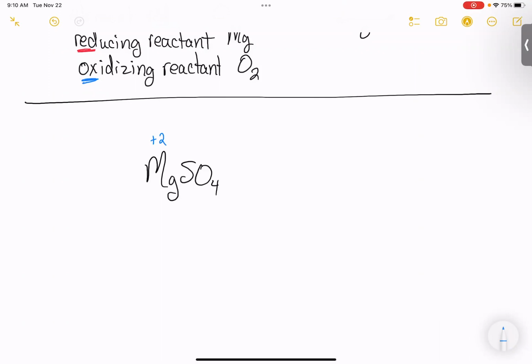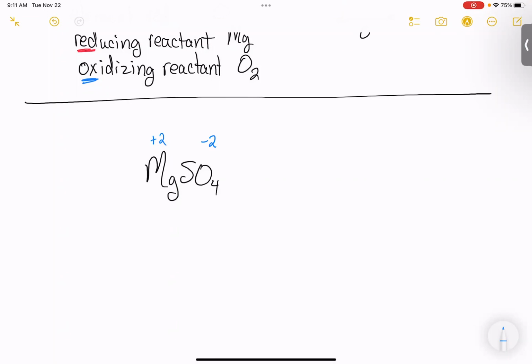That was rule number 2: an ion of an element, its oxidation state is equal to the charge. Rule number 3 dealt with hydrogen, which I don't have. Rule number 4 deals with oxygen. And what did I say about oxygen? It's a -2 unless it's in a peroxide, which this is not. So this is a -2.